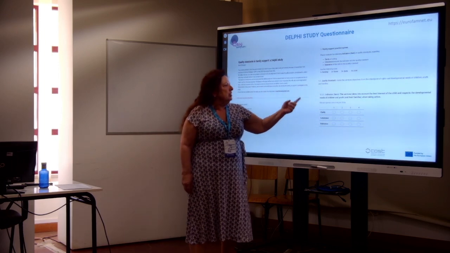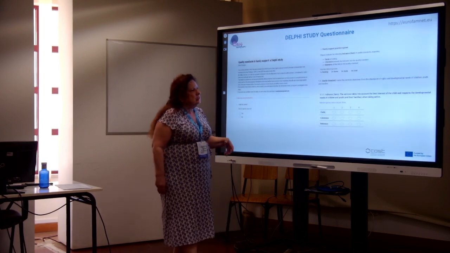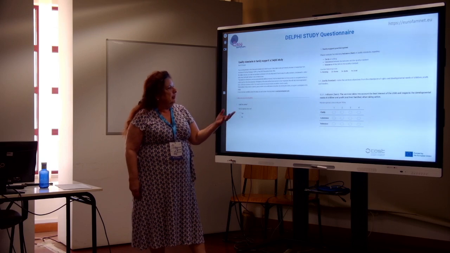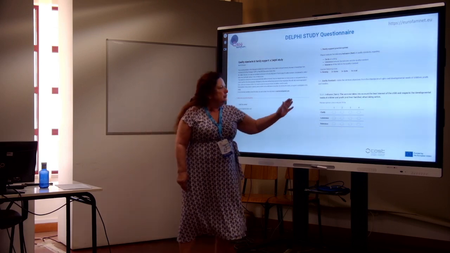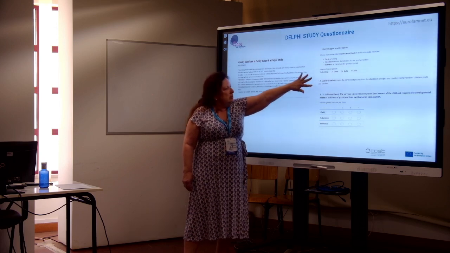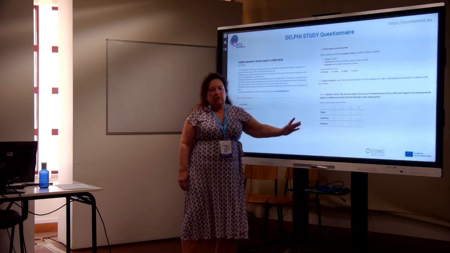One indicator: the service takes into account the best interests of the child and respects the development needs of children and youth and their families when taking action. And then they have to evaluate this indicator for clarity, for coherence with this quality standard, and relevance.